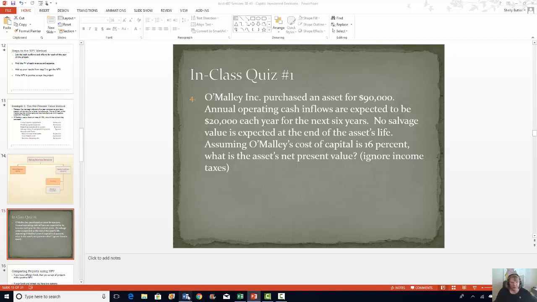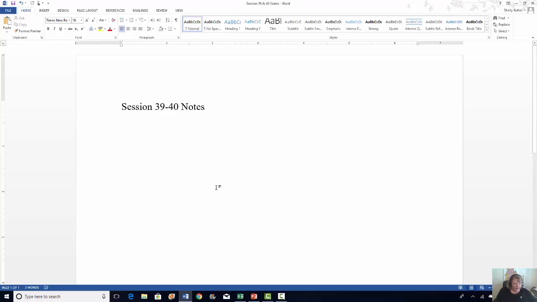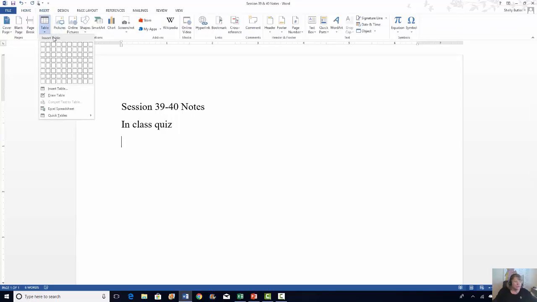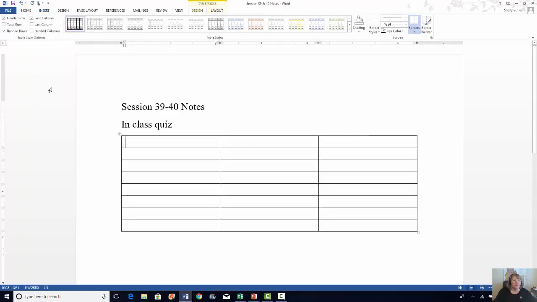So let's go back to our notes page. First we'll do the in-class quiz so we know what we're doing, and then I will make a table. We'll need year, revenue, and expenses, and we'll do 0, 1, 2, 3, 4, 5, and 6.